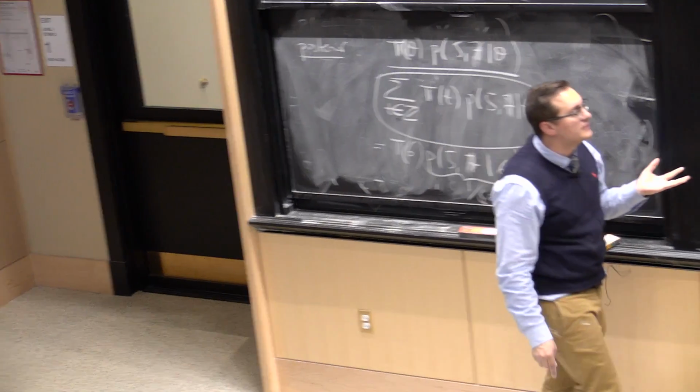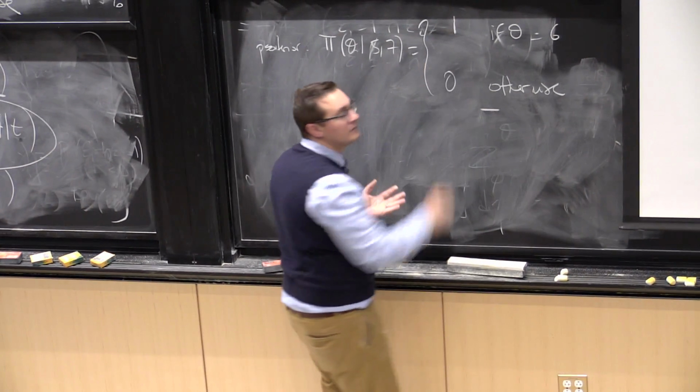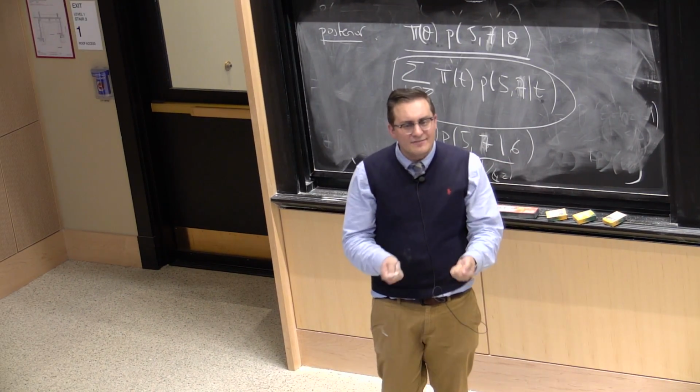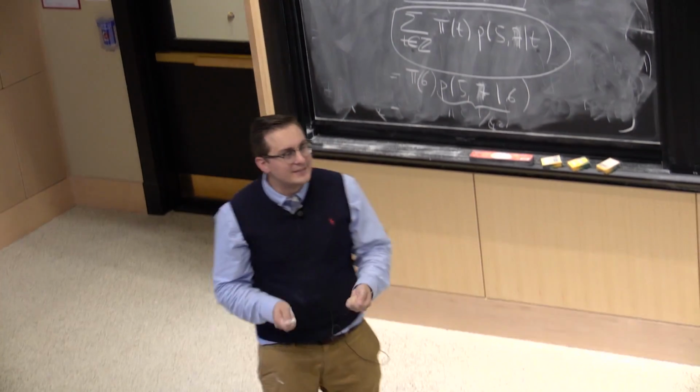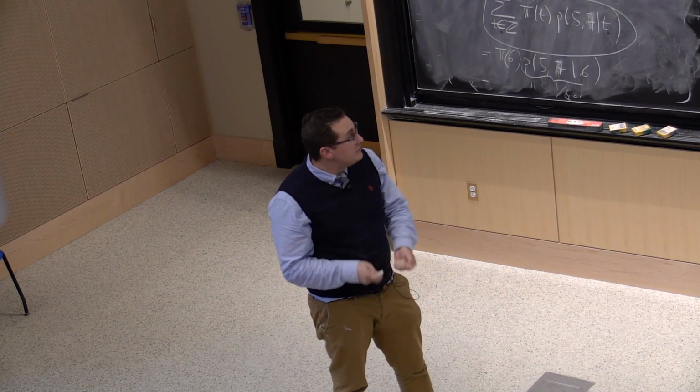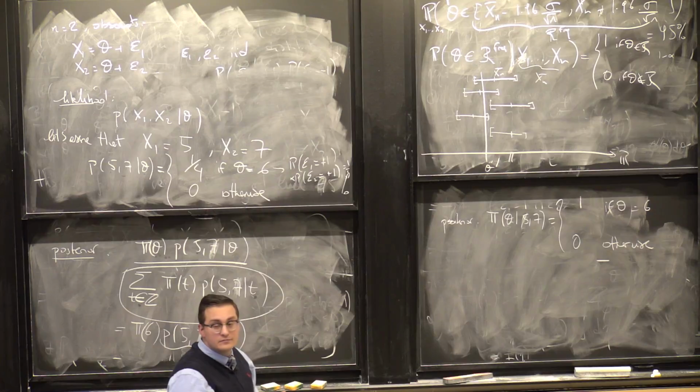So it's the ratio of two identical things, so I get 1. So now my posterior tells me that given that I observe 5 and 7, theta has to be 6 with probability 1.